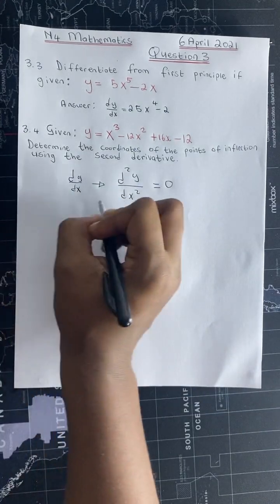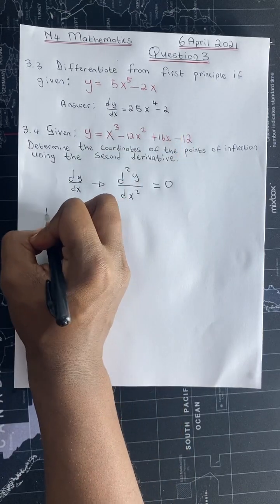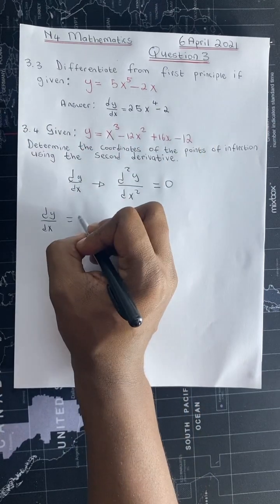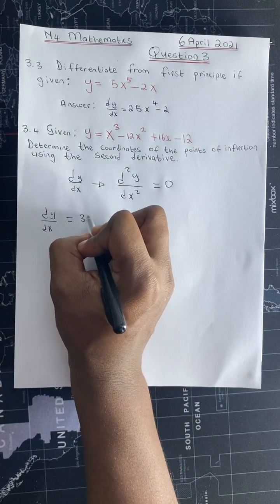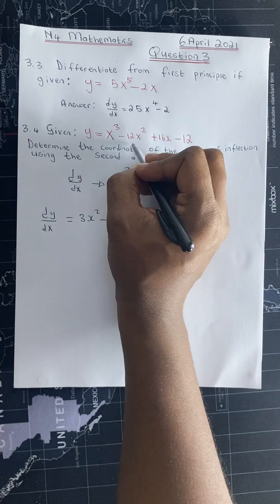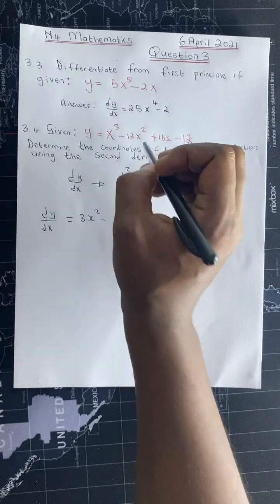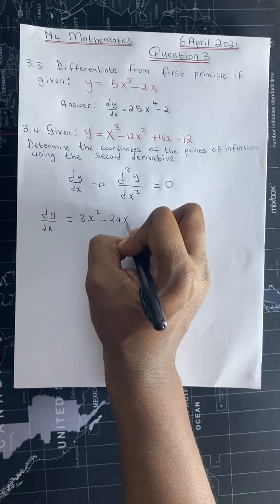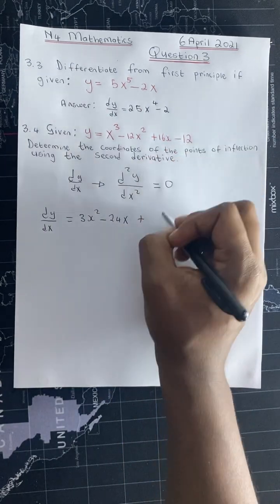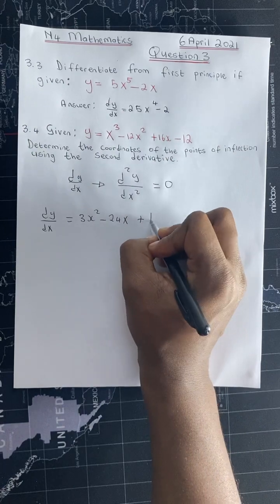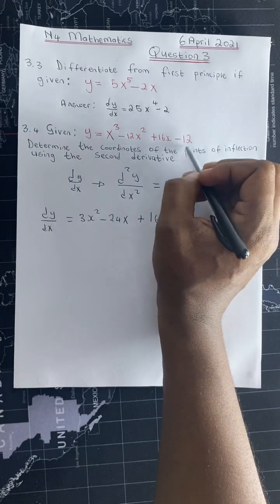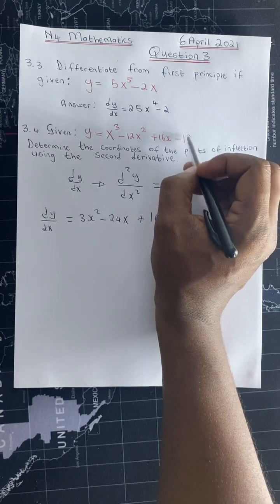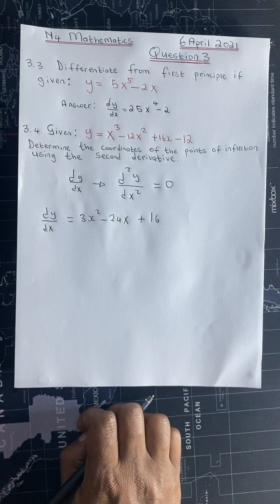So the first derivative: the derivative of x cubed is 3x squared, and the derivative of negative 12x squared is equal to negative 24x, and the derivative of 16x is equal to 16, and the derivative of negative 12, because it's not attached to any x, will be equal to 0. So the negative 12 is our constant.